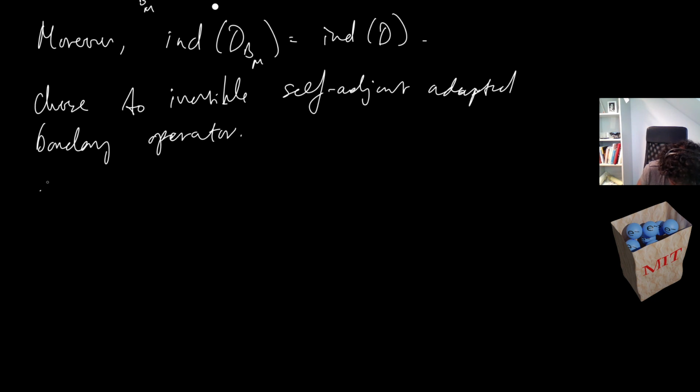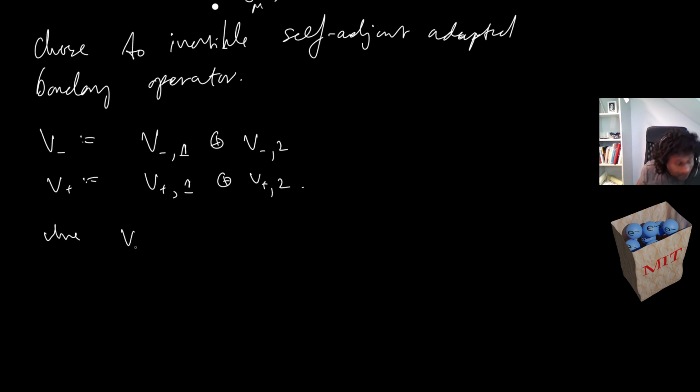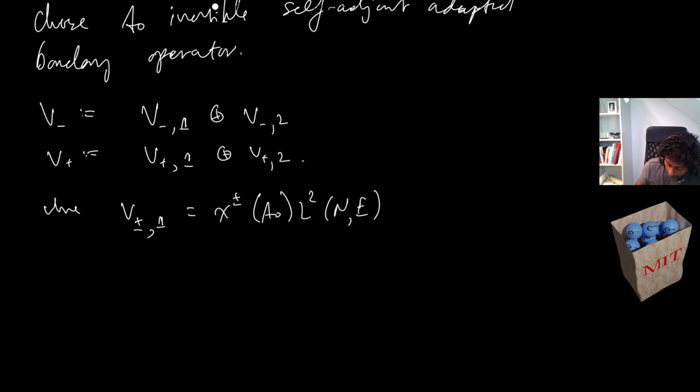As we saw before, V minus is equal to chi minus of A_0. So this is equal to V minus 1 plus V minus 2, and V plus is equal to V plus 1 plus V plus 2, where V plus/minus 1 is equal to chi plus/minus of A_0 on L2(N E), and V plus/minus 2 is equal to this with the sign flipped.